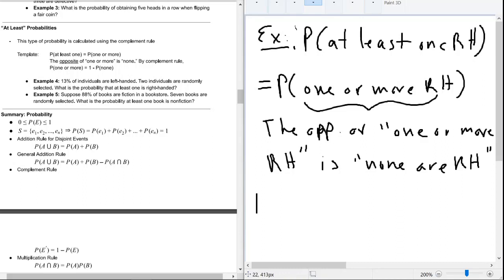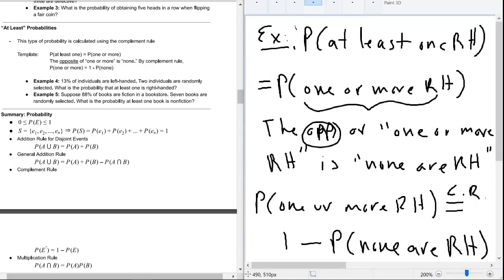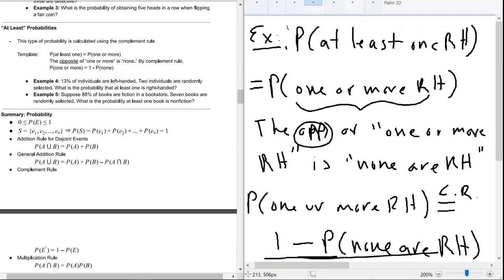The probability of 1 or more right-handed, because we're taking the opposite, we need to apply complement rule, that is 1 minus the probability that none are right-handed. Okay, so that's how this probability will begin, is by using the template in order to use the complement rule.